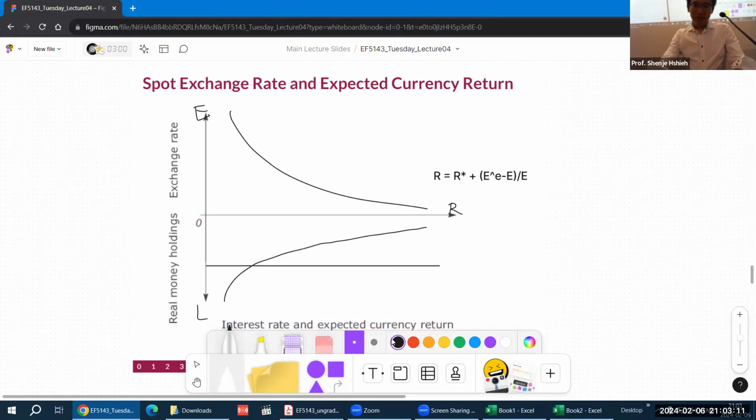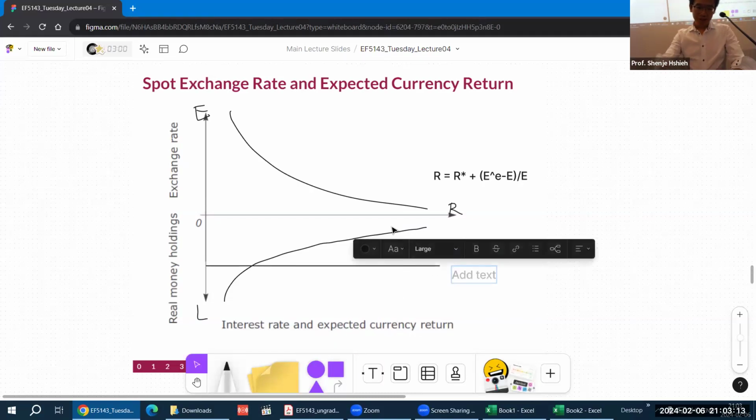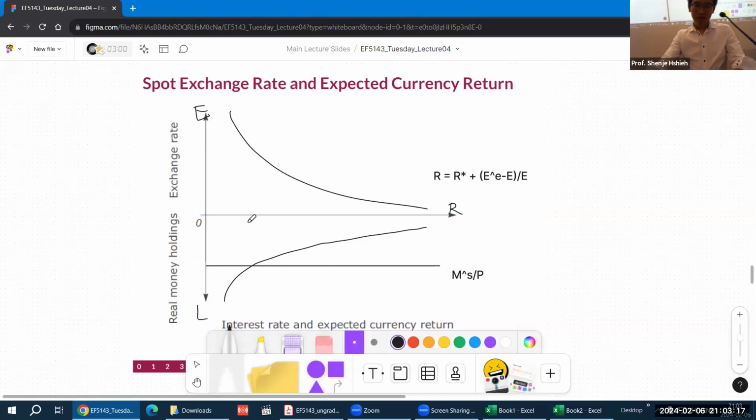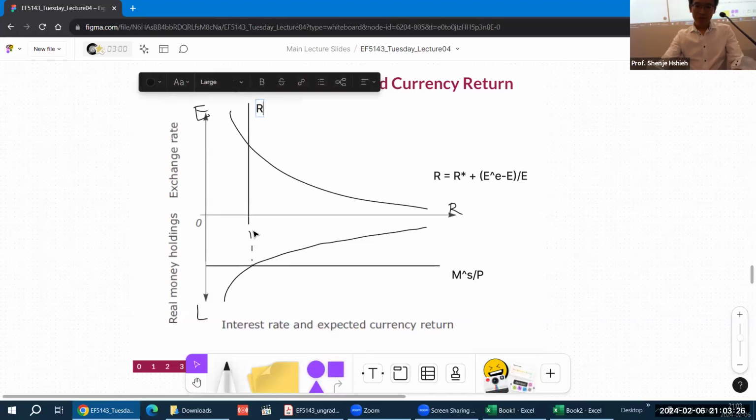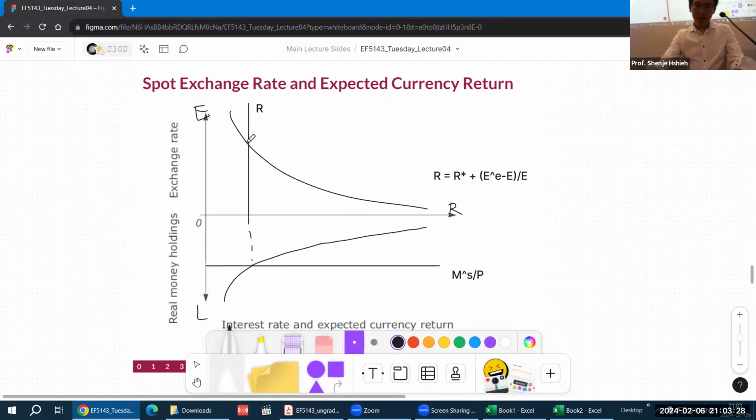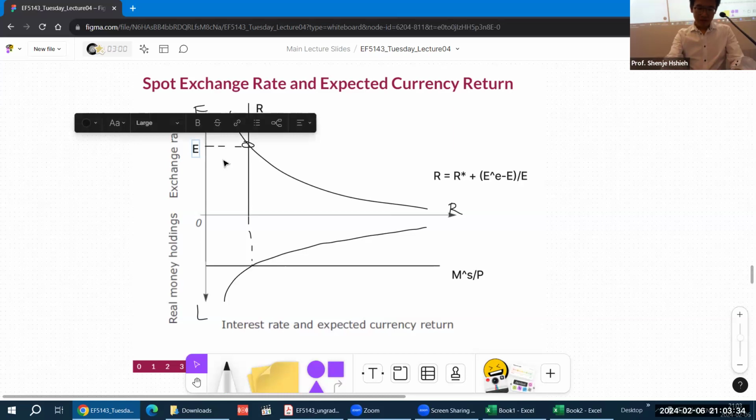It has to intersect with the real money supply curve, and that will give me the equilibrium interest rate, which is this line here. And that intersection will give me this equilibrium spot rate.